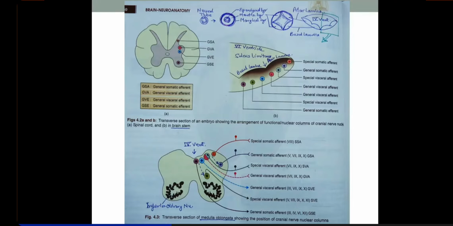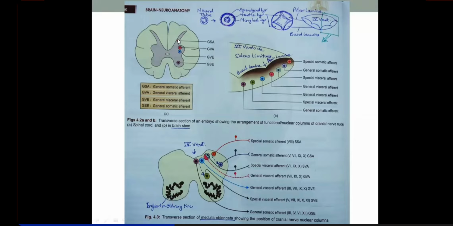They will arise from the general visceral efferent column. Because they are arranged longitudinally along the length of the spinal cord, we call them functional columns. So, general visceral afferent and efferent. The pattern is, you can see, efferents are anteriorly placed and afferents are placed posteriorly in a spinal cord.